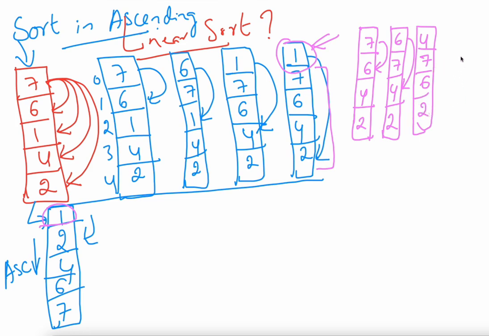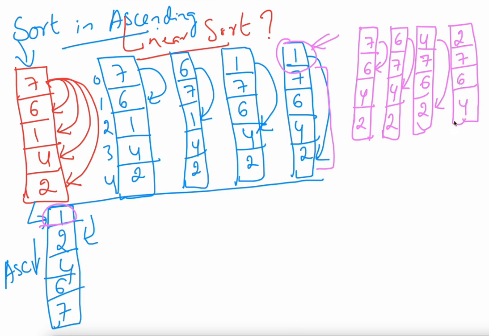Now again we need to compare this one with 2. 2 will go back because 4 is greater than 2. So 4 is not less than 2, right? Now 2 will come here, then 7, 6, 4.